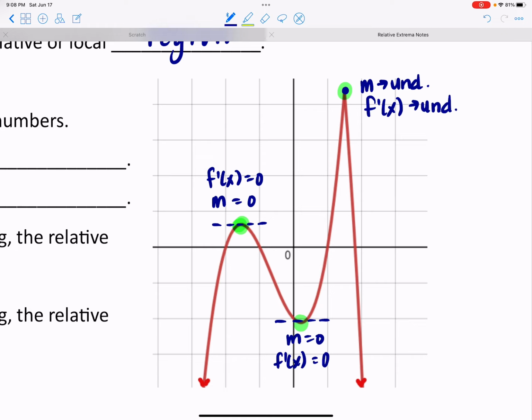Now, they also happen to be places where our graph is changing from increasing to decreasing. If we look here, our graph is increasing till we get to that maximum, and then it turns, and it's decreasing till we get to that minimum, and then it turns, and it's increasing again till we get to this peak, and then it's changing direction again after that peak. It is decreasing.